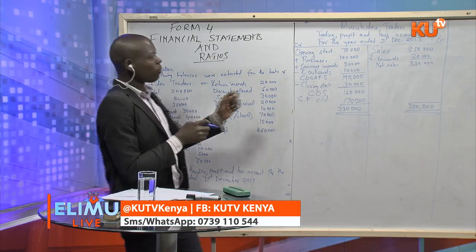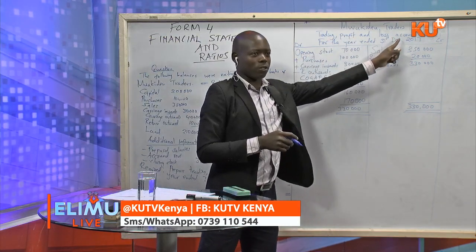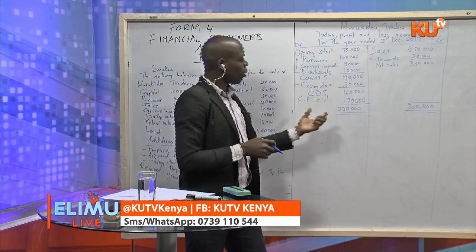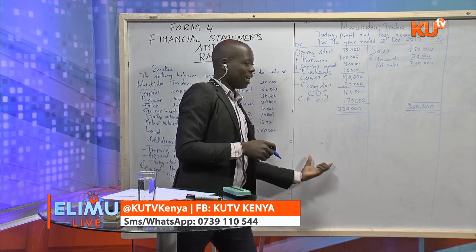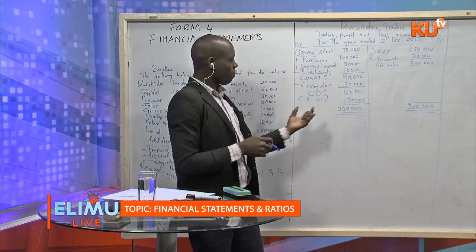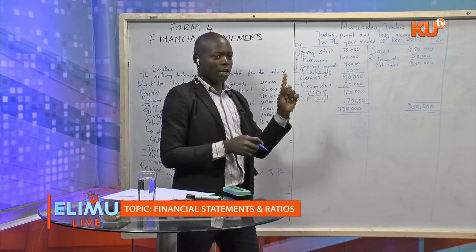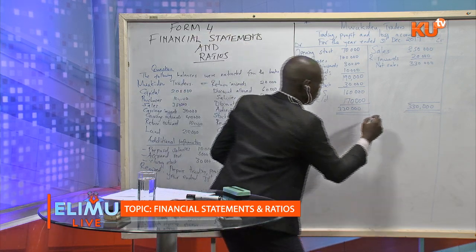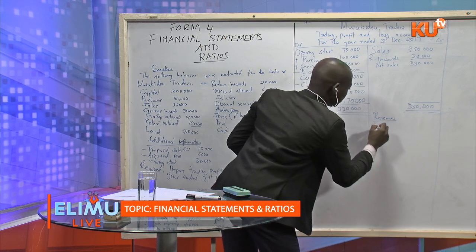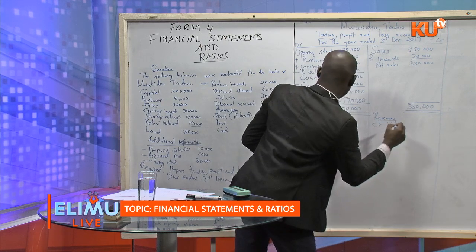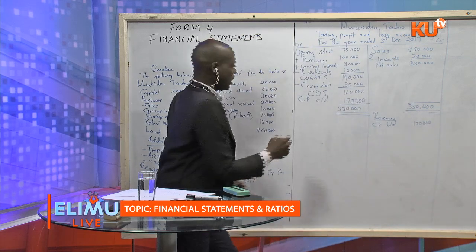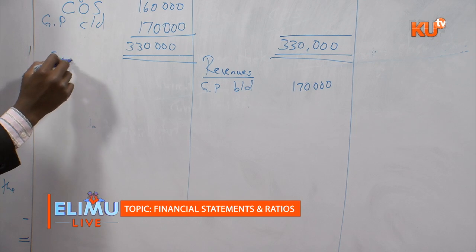We go to the second part, which is the profit and loss account. In the profit and loss account, we mentioned that we record expenses on the DR side and incomes on the CR side. So we only drop gross profit as the first income. So here we have revenues, and then we have our gross profit brought down. That gives us 170,000. And this side we record expenses.